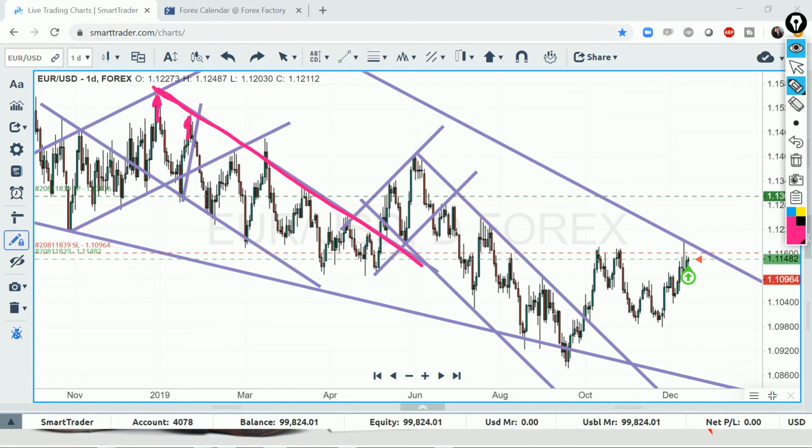Then I used this trend line, placed a parallel line, and connected this low right here. That shows me price is going to come to this point, and check how the market's done exactly that.